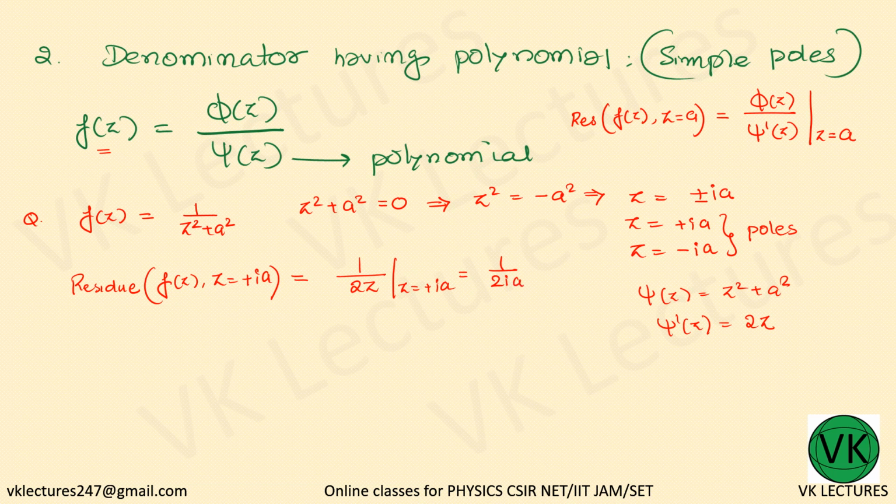So that is the residue at z equal to plus ia. Now the residue of the function f of z at z equal to minus ia will be equal to 1 divided by 2z at z equal to minus ia, that's equal to minus 1 divided by 2ia.